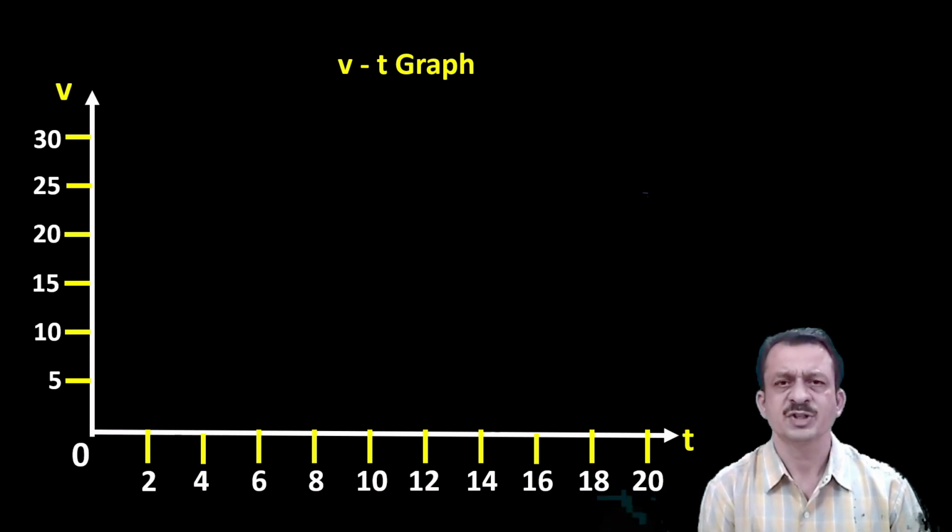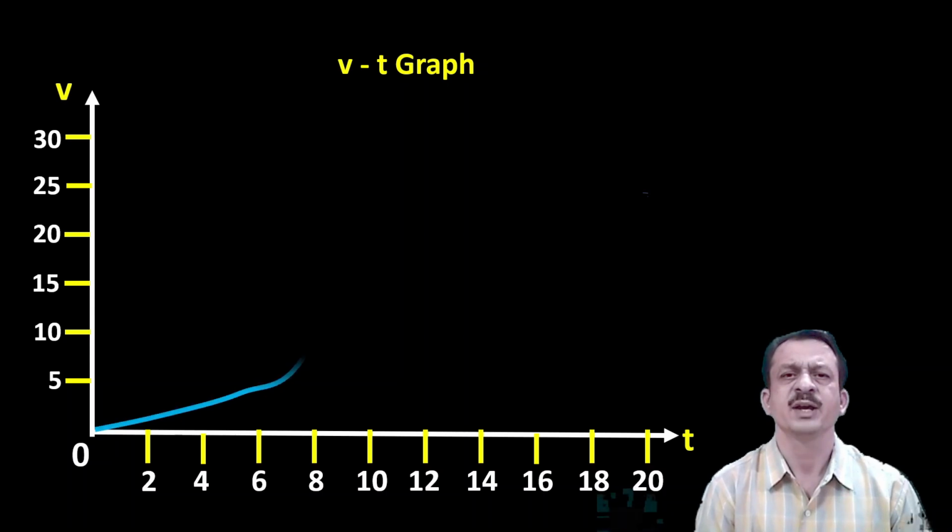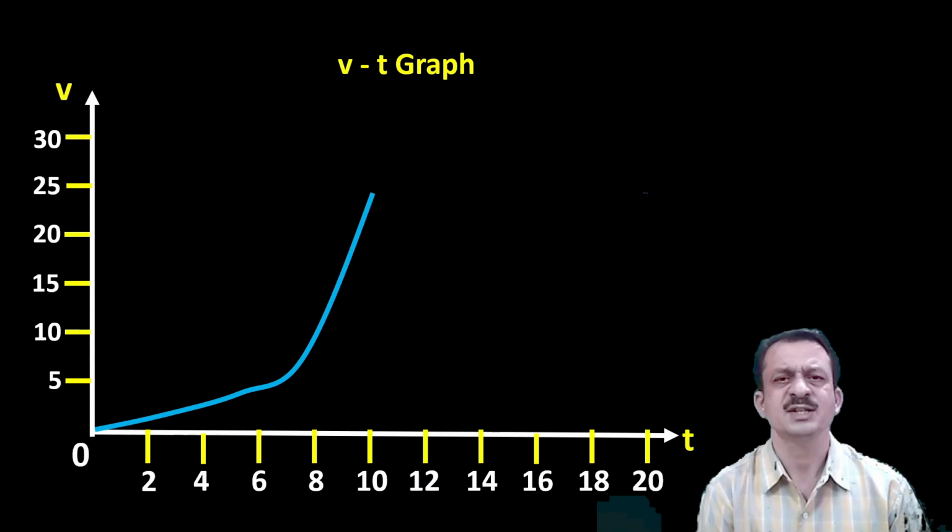Now the first interval from 0 to 10 seconds, where the velocity is increasing, is shown by a blue curve. Exactly at the 10th second, the velocity remains constant. Now the object is moving with a constant velocity in the second time interval from 10 seconds to the 18th second.